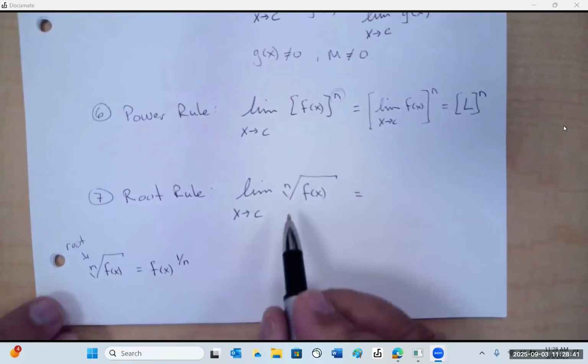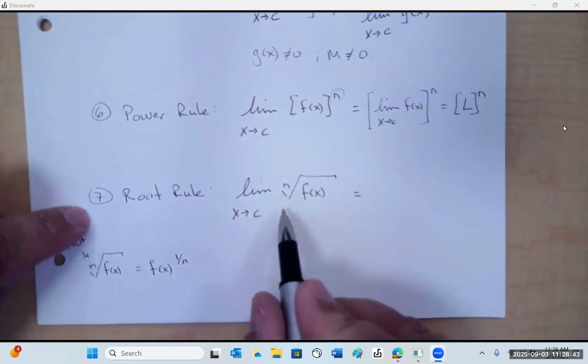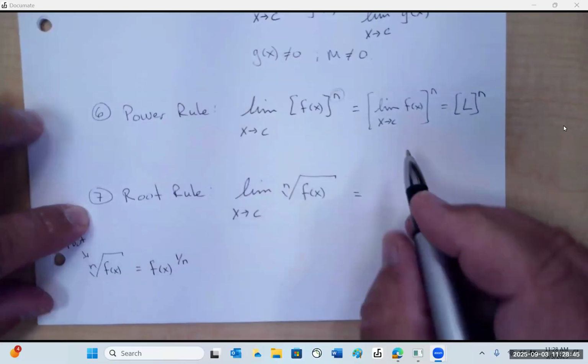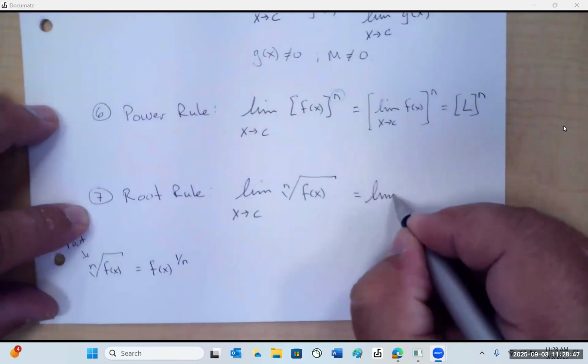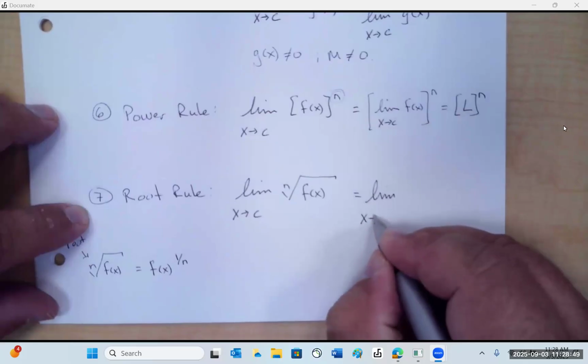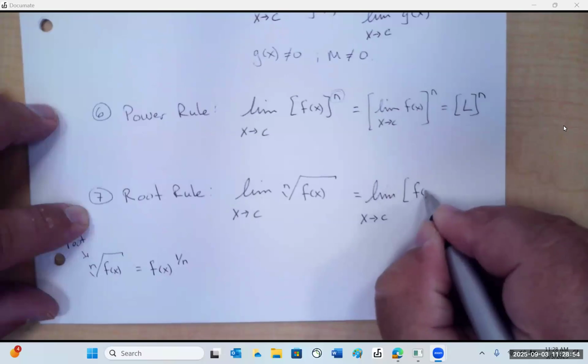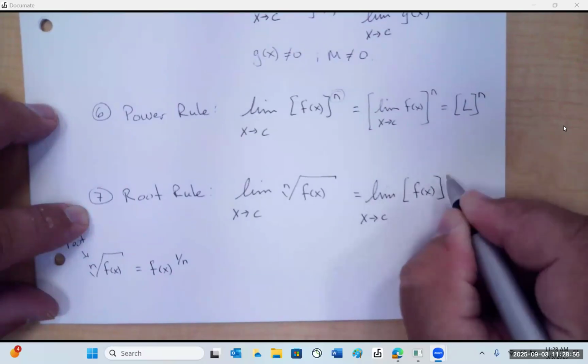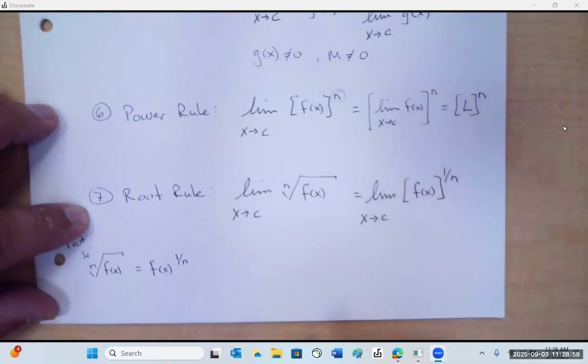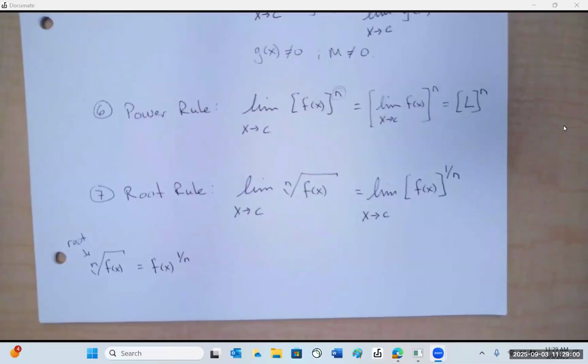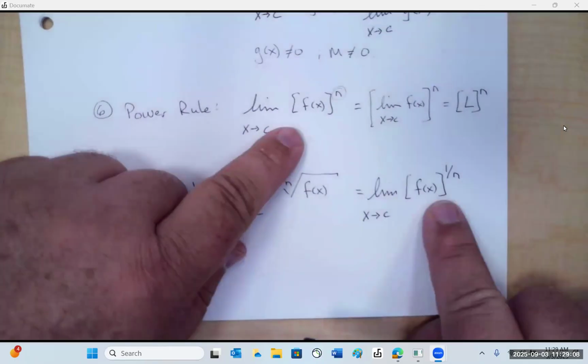So in other words, we can take the root theorem, the root rule, and rewrite it as a radical root or exponent. So you see, now we have the same rule.